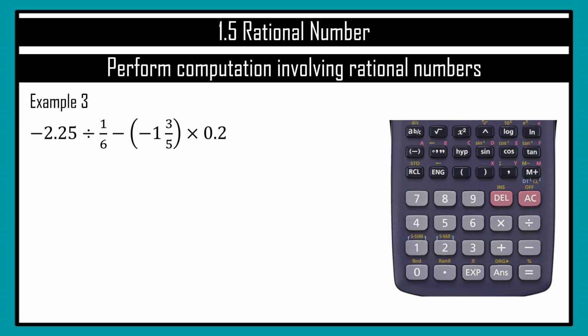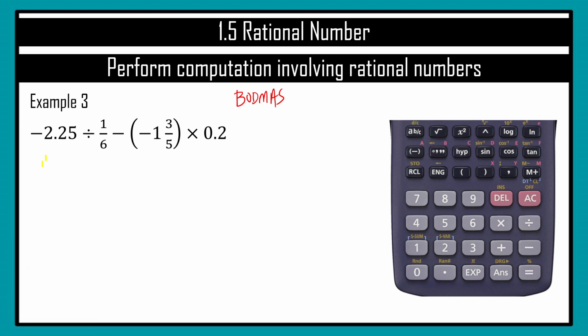Okay, let's see another example. Example 3. I'm going to write again BODMAS. So we got negative 2.25 divided by 1 over 6 minus a bracket of negative 1 3 over 5 multiply with 0.2. Now this bracket is an indication that it is a negative number, so there is no bracket operation involved. The next one is divide or multiply.